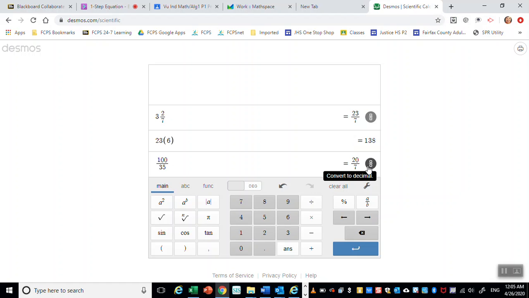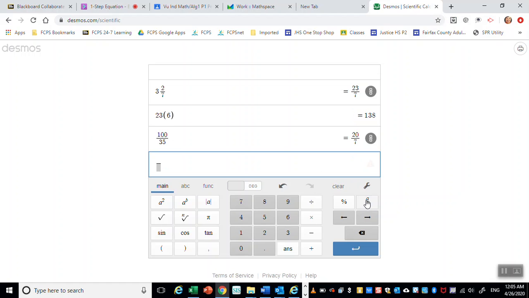Right, so now you have to do one more step. Convert to decimal. How to convert it to decimal? 20 out of 7, right? So you have it converted to decimal. It would be 2 and some decimal, right?